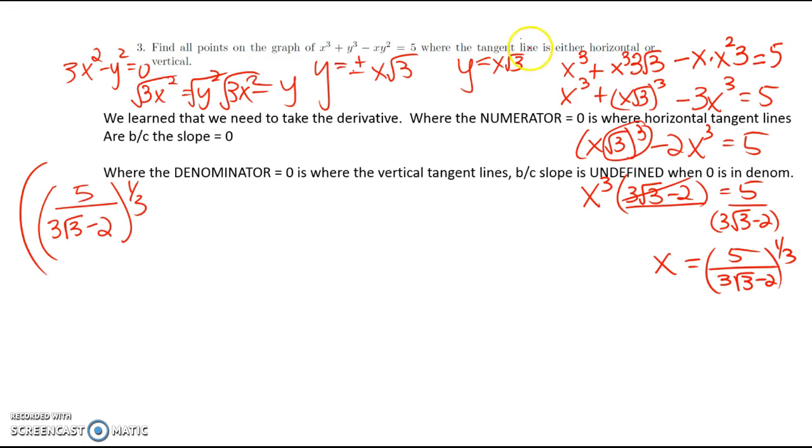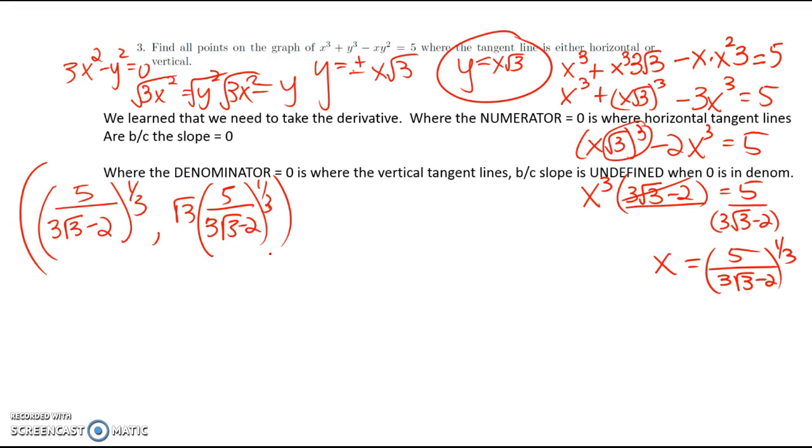And because y is written in terms of x, I'm going to take this x and multiply it by the square root of 3. So then y will be the square root of 3 times this, 5 over 3 square root of 3 minus 2 to the 1/3. Phew, that's kind of tough.